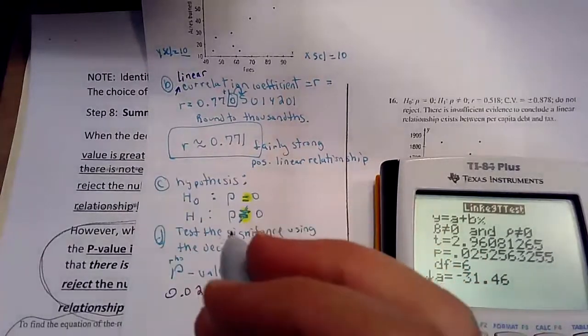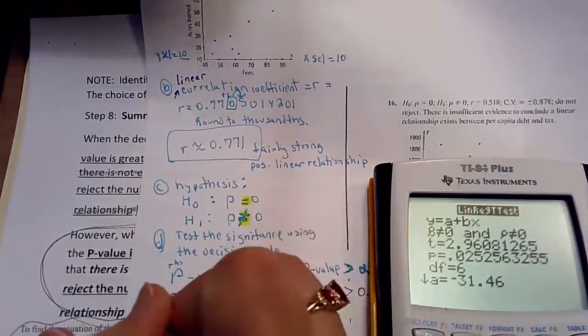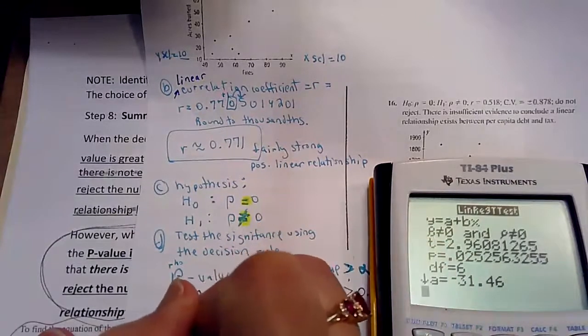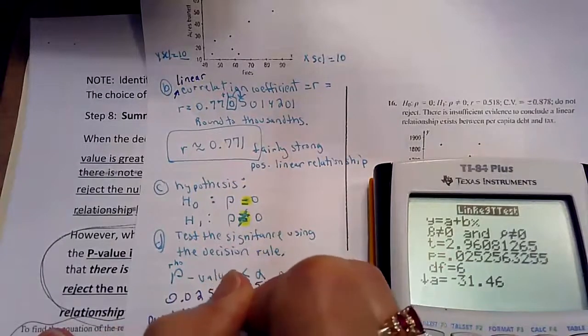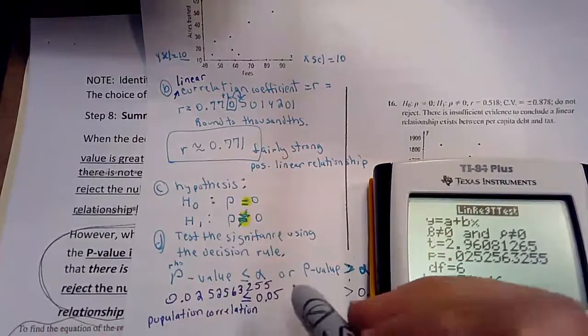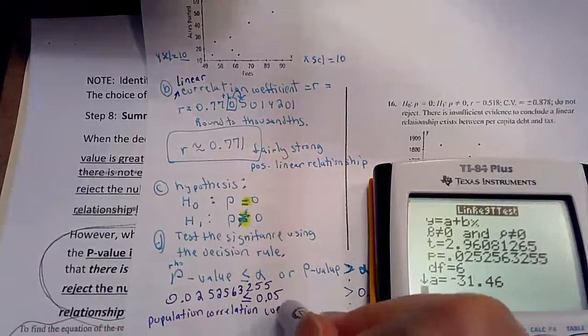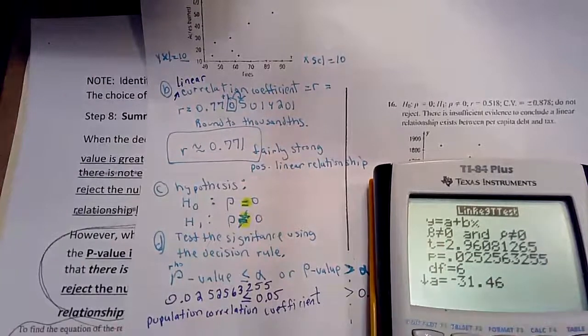Rho is the Greek letter, also called the population correlation coefficient.